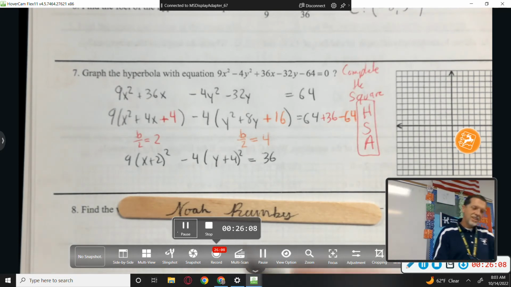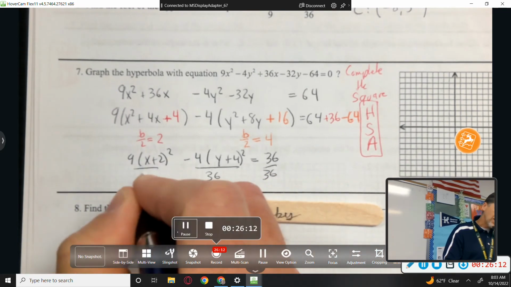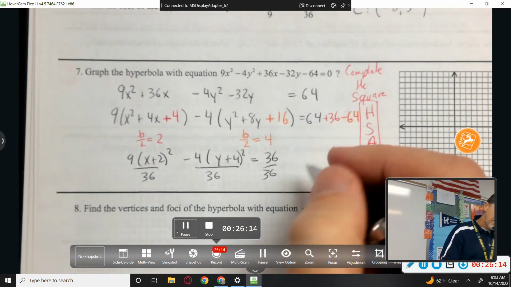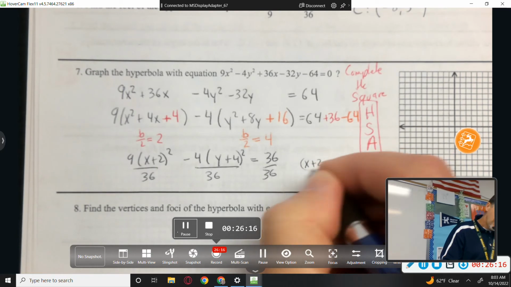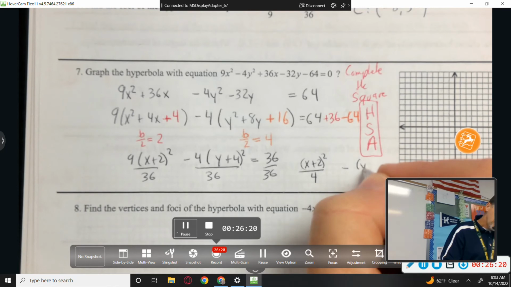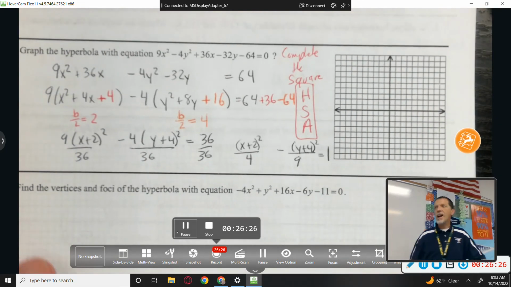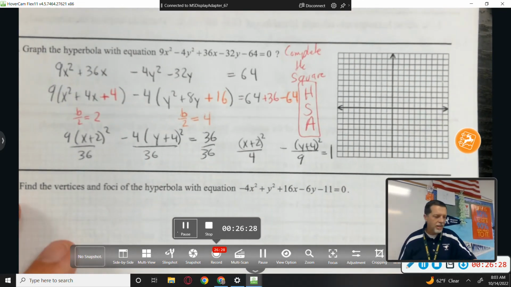The right side one. Yeah, so let's divide by 36 because it will make the right side 1. (x plus 2) squared over 4 minus (y plus 4) squared over 9 equals 1. So now we've got it looking the way we want it to look.